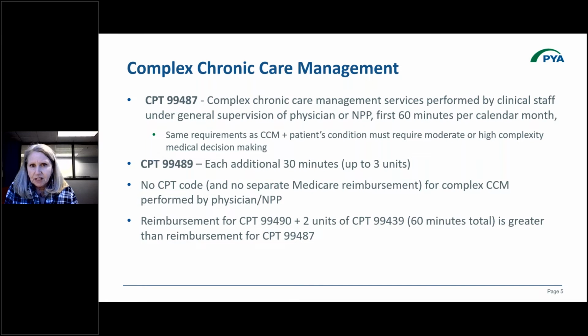So as you'll see, the utilization on this code has been low. It was primarily a gap filler for a period of time before we got those add-on CCM codes. And thus, we generally don't see providers utilizing this particular code at this time.